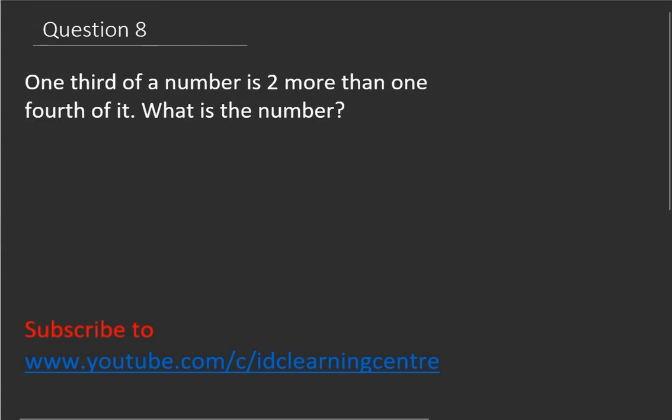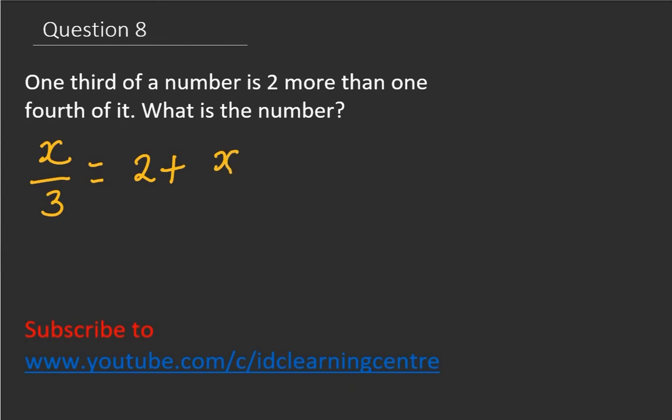Question 8. 1/3 of a number is 2 more than 1/4 of it. What is the number? Let the number be x. 1/3 of a number is x/3, is 2 more than 1/4 of the number, which is x divided by 4. Now I've generated an equation for this question. Let this be over 1.